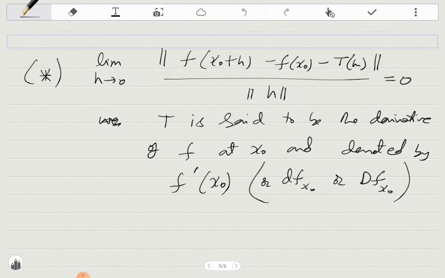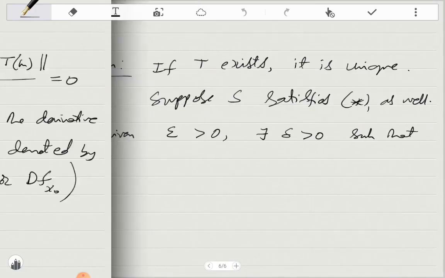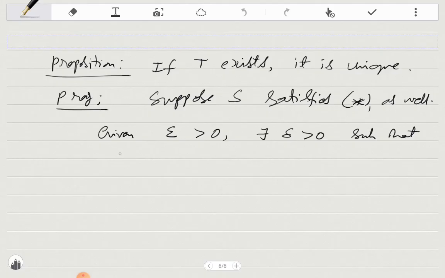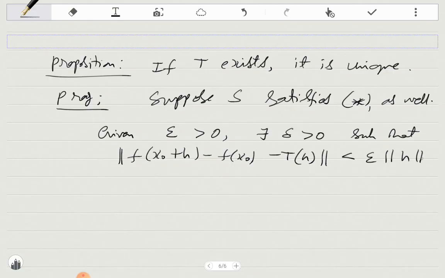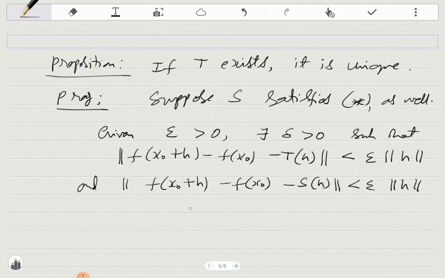given epsilon greater than 0, there exists delta 1, let's say, such that norm of f of x naught plus h minus f of x naught minus T h, divided by norm h, is less than epsilon, which I'll write as less than epsilon times norm h, and f of x naught plus h minus f of x naught minus S h is less than epsilon norm h, if norm h is less than delta.